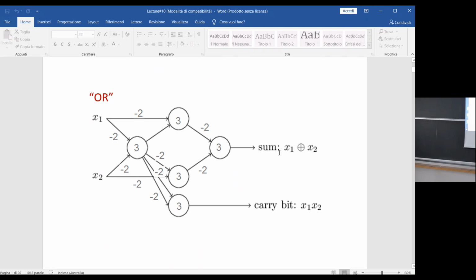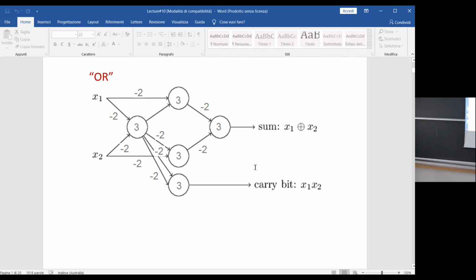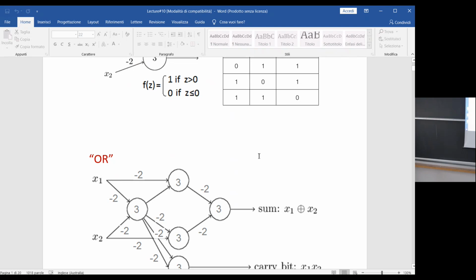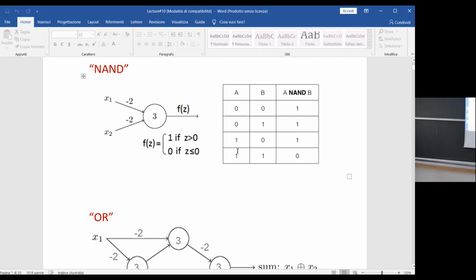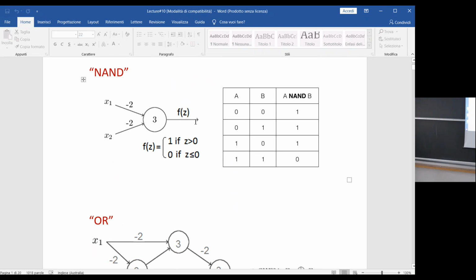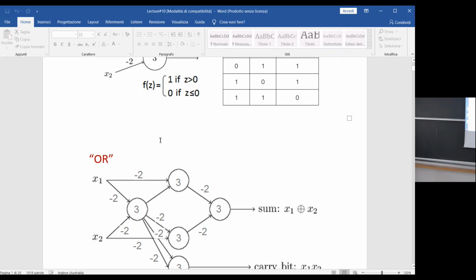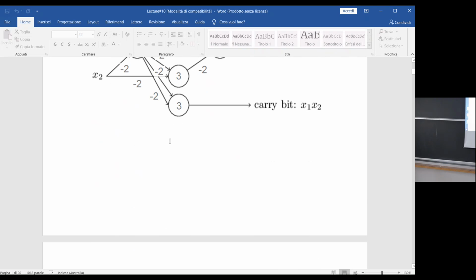We have the sum x1 plus x2, with the plus in a circle meaning the summation by modulo 2, and we also elaborate the carry bit by simple multiplication of x1 and x2. And other Boolean functions we can also construct by means of such an important element in an analogous way.